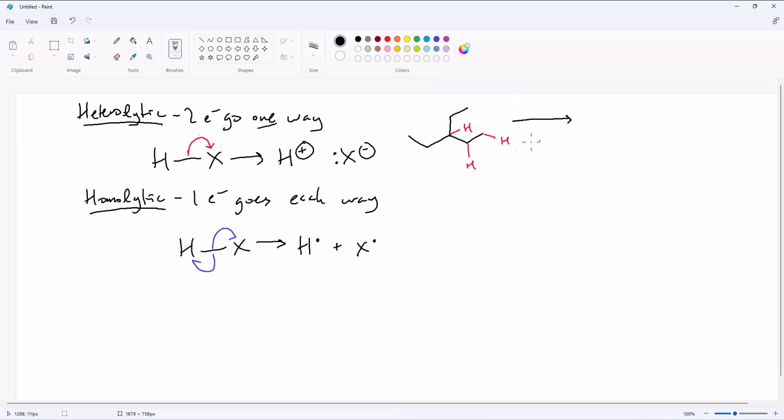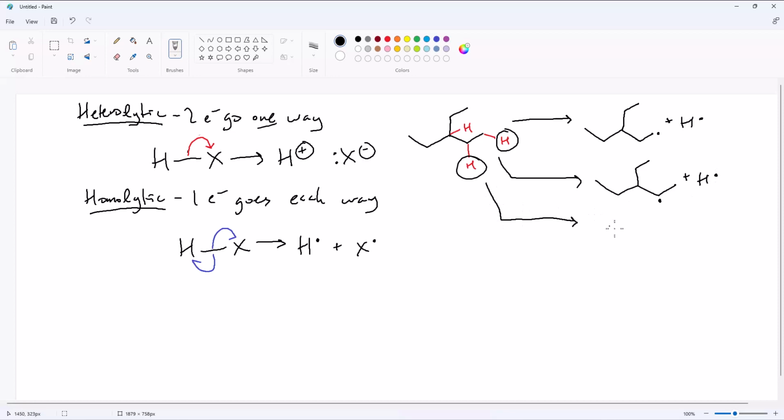If we abstract the first H and break that CH bond homolytically, we form a terminal radical. If we abstract the next H, we form that radical, with an H radical formed in conjunction. And if we abstract the third hydrogen, we form this radical, again plus H dot.